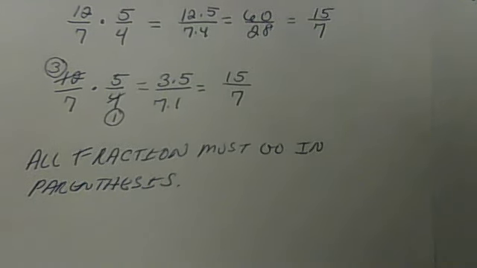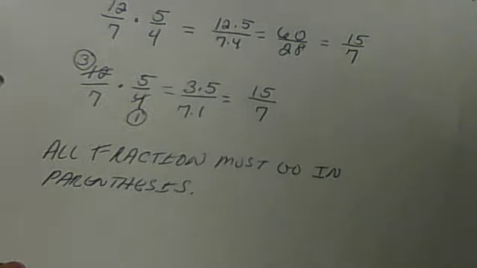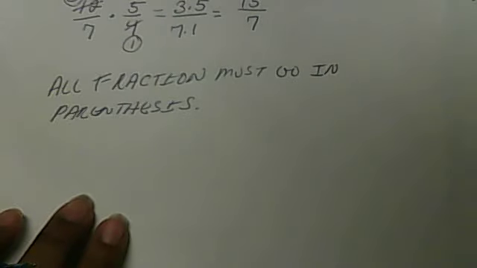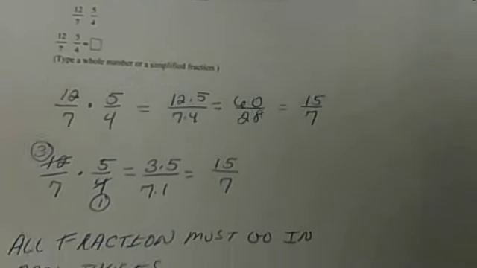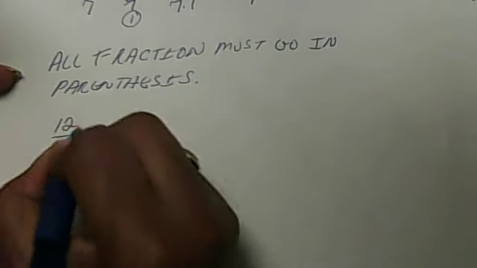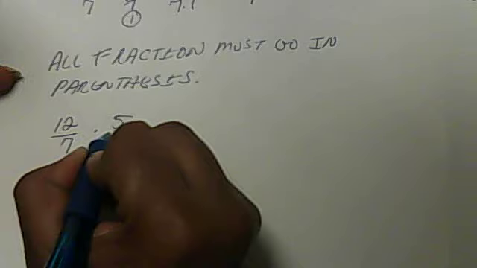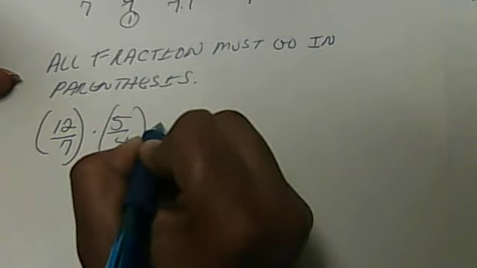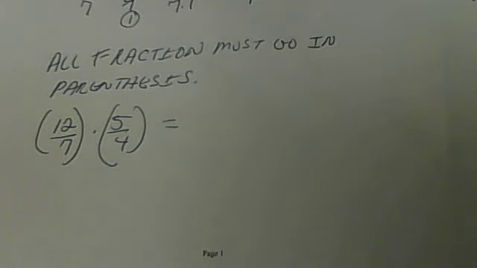So if you had 12 over 7 times 5 over 4 without the upgrade, what you would have to do is put 12 over 7 in parentheses and then 5 over 4 in parentheses, just to be safe. Because later on when you're doing more than one fraction, you don't want the calculator to not be able to follow the order of operations.